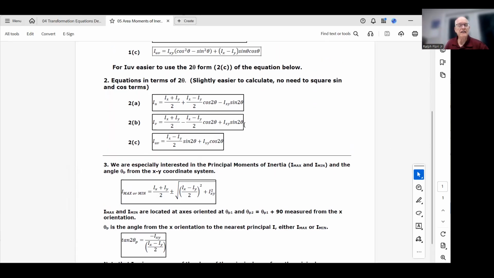Also, we're going to take these 2 theta forms of the transformation equations and use those to obtain our Mohr circle, which is another tool or technique we can use to find Imax and Imin and to find I values at different orientations. So we'll go back over this again and again over the next few lectures. But again, we've bitten the bullet, we've taken the plunge, we did the derivation, and now we can build on this so that you can understand it better.